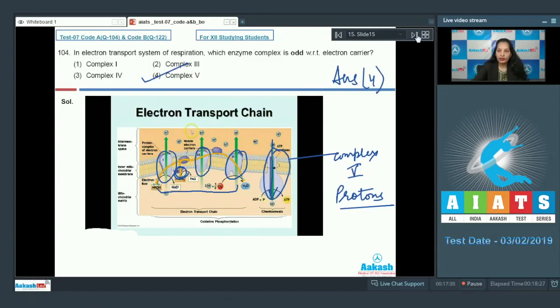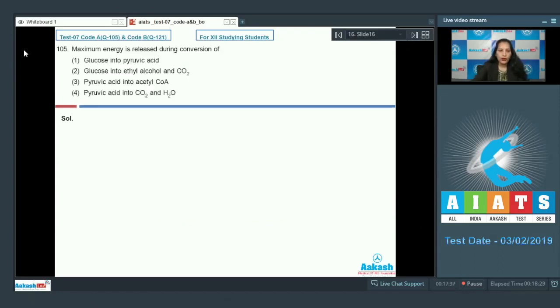Let's move on to the next question. Question number 105. Maximum energy is released during conversion of: first option glucose into pyruvic acid, second glucose into ethyl alcohol and CO2, third pyruvic acid into acetyl coenzyme A, fourth pyruvic acid into CO2 and H2O.